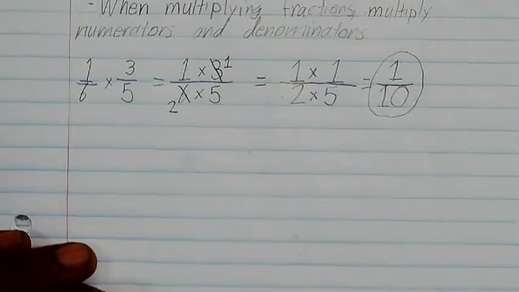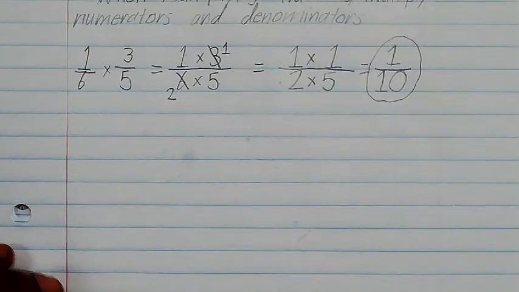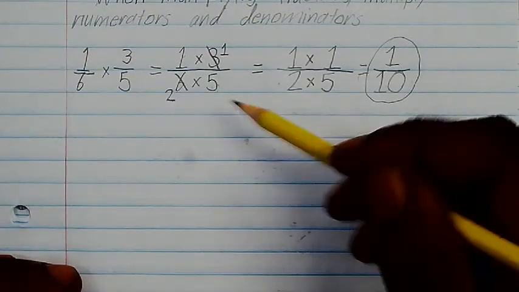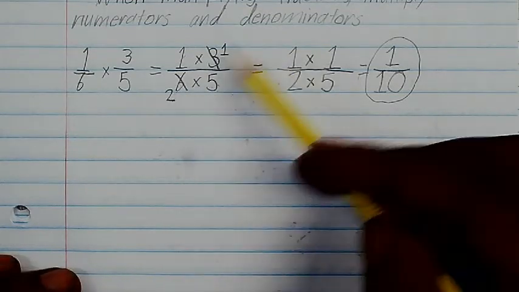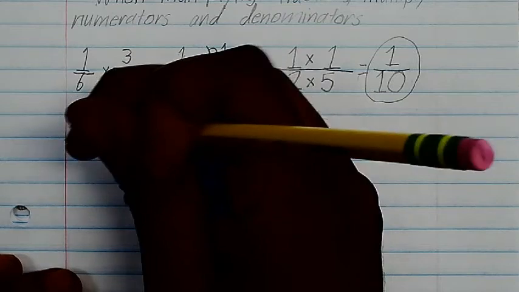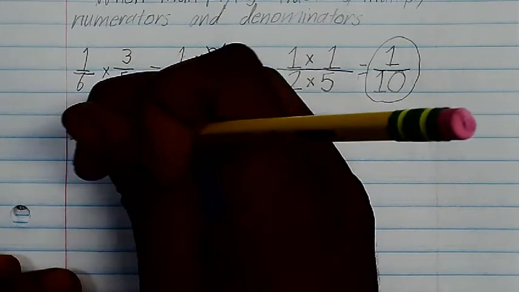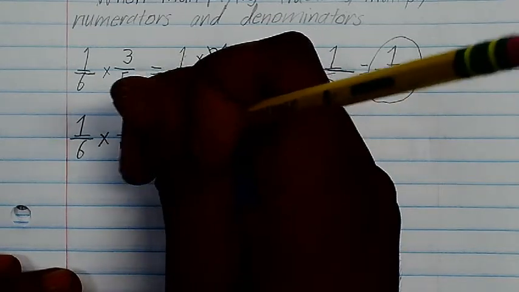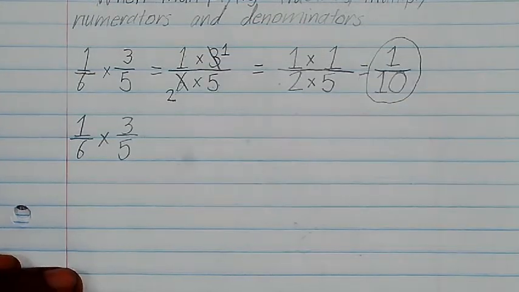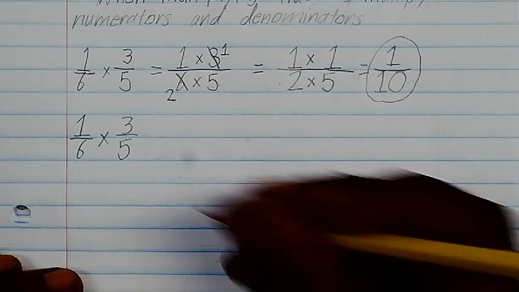Okay? Now you can also multiply this fraction without doing this second step, and I'll show you the difference here. For example, if I take the same problem, 1/6 times 3/5, and without simplifying, I'm just going to rewrite it.